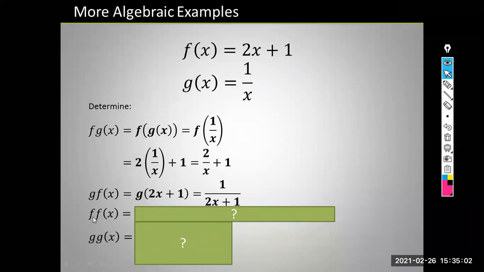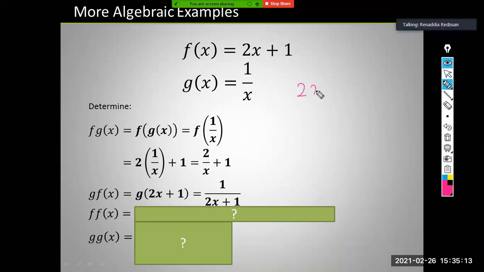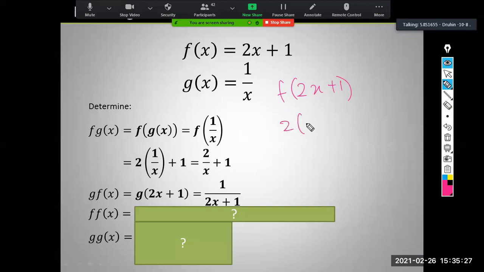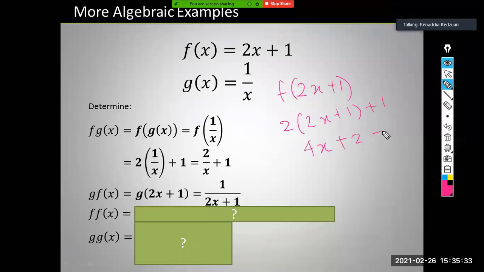Then next one, ffx. So you need to apply function f twice. So this one will be the value of x. It will be 4x squared plus 4x plus 2, 4x plus 2 plus 1.